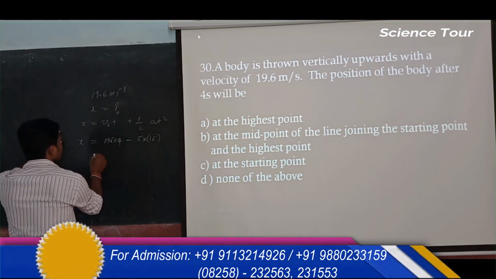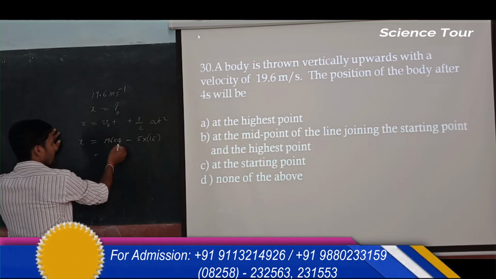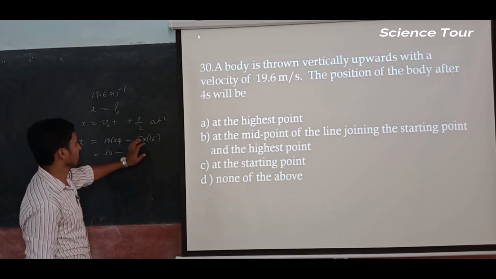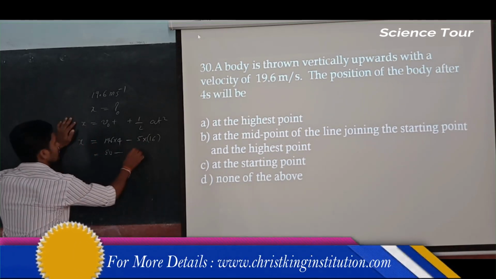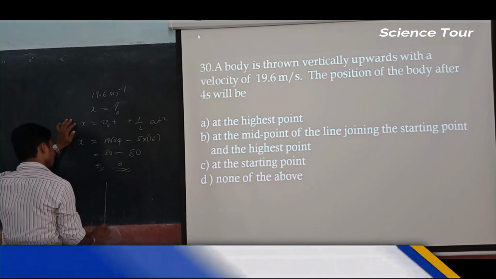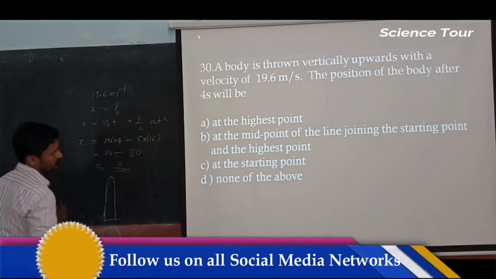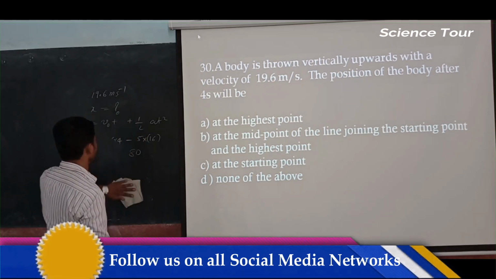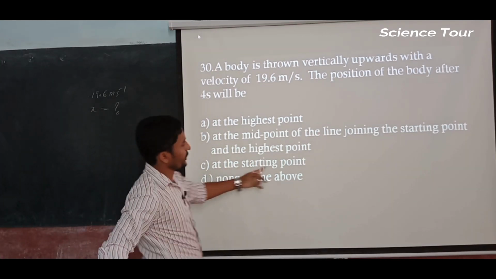Now here I will take 19.6 as 20, so 20 times 4 is 80, minus 5 times 16 is 80. So it is nearly equal to 0. Zero means the object has gone upward and come back again. So we can say that it is at the starting point.